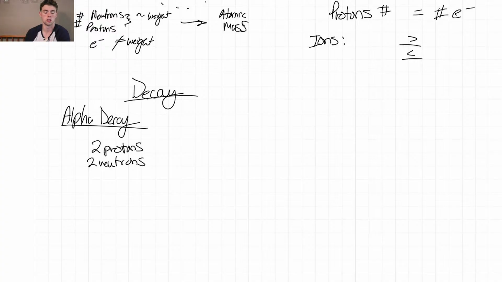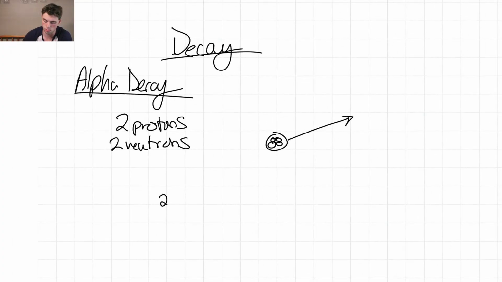Yes. So it's 2 protons and 2 neutrons pretty much leaving the nucleus and saying, hey, see ya, smell you later. Coincidentally, the element that has 2 protons is helium. So you're pretty much losing a helium atom with 2 extra neutrons, and it's saying see you later.